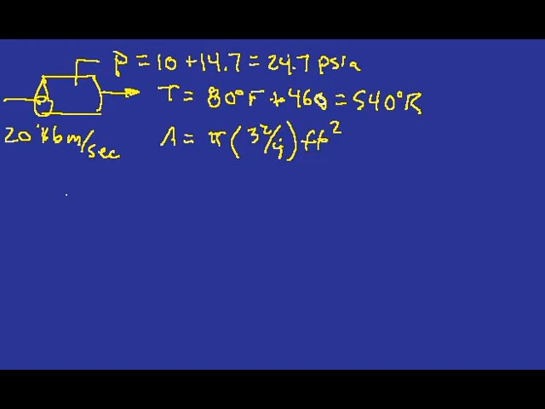P V equals m dot over molecular weight RT. Equals m dot, so we have V dot, the volume flow, and the mass flow. What we're doing is just taking our mass and taking it per time. That'll be proportional to the volume per time.